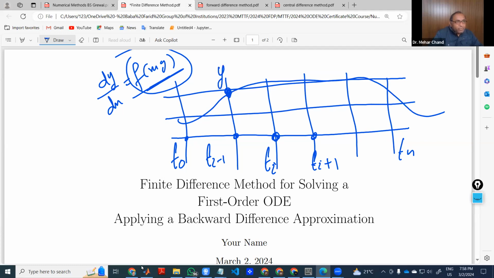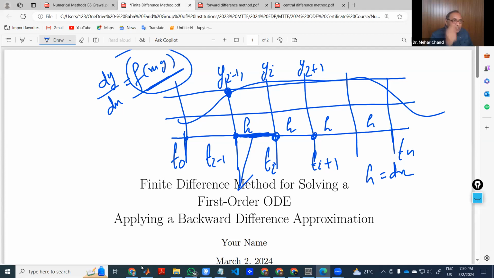At this point we have y(i-1), here is y(i), and at this place we have y(i+1). When you choose the interval from ti-1 to ti, the difference between these consecutive points is h. The entire interval we divide into equal lengths, or you can say h equals dx, it doesn't matter.